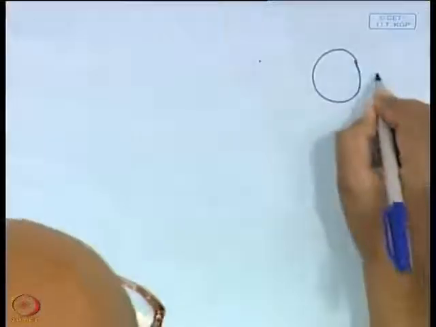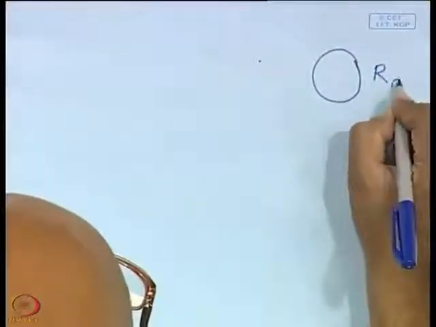The sun is a sphere like this. This is what the sun as we see it. So let us try to make a model where the sun is a sphere of radius r sun, okay, which is a black body source.